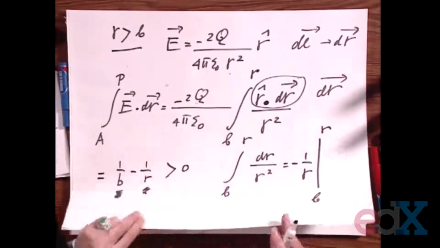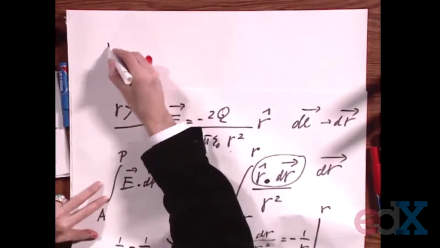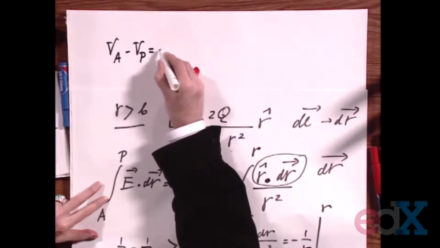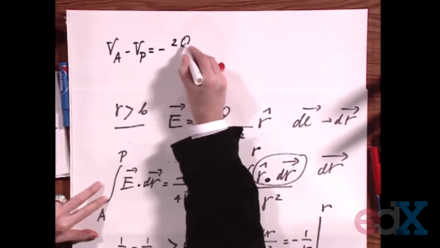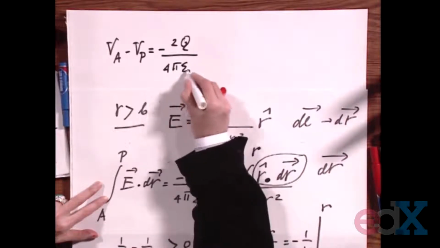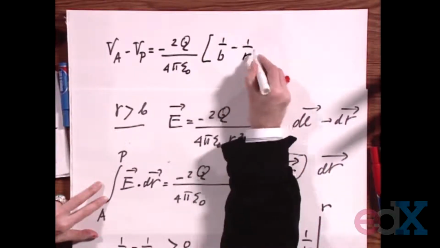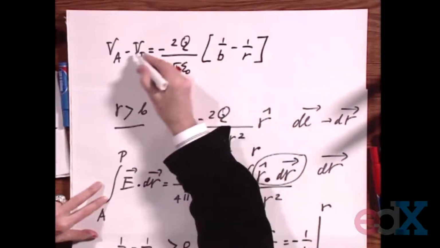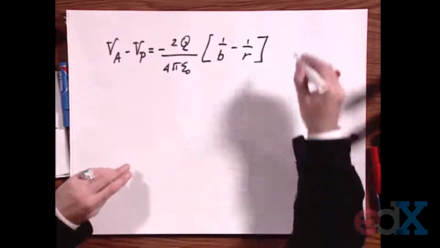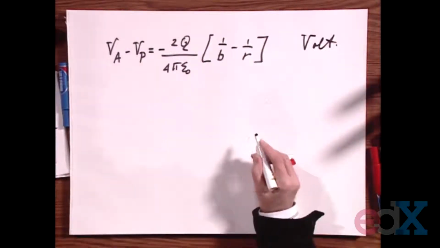And so this is the neat way to do it, the elegant way. And so you'll find now that VA minus VP equals minus 2q divided by 4 pi epsilon 0 times 1 over b minus 1 over r. Potential has no direction. It's a scalar. We express it in terms of volts in MKS units.